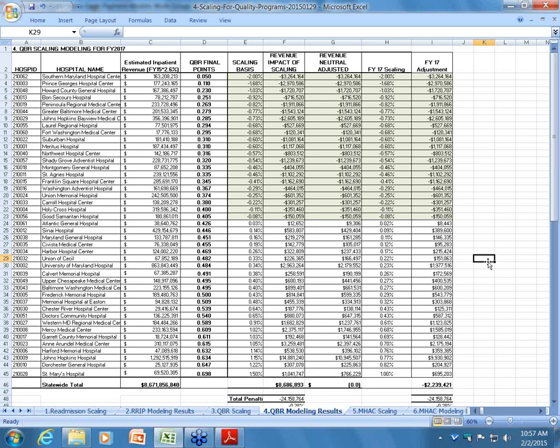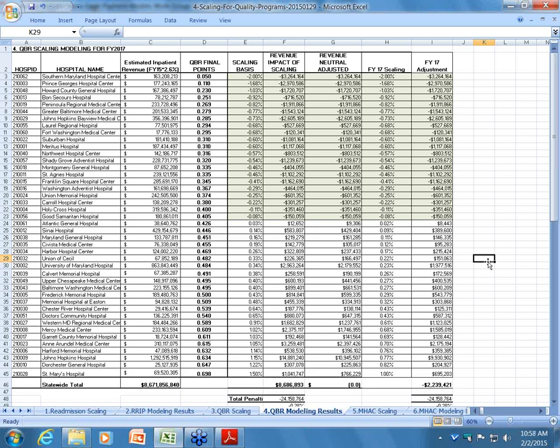What we are proposing is that instead of doing a revenue neutral adjustment, we link the penalties to the points. And here it's the same because I didn't make an assumption on what the QBR scores are going to be next year. Depending on what the scores are, the rewards and penalties will be fixed, and we'll see what the total amount is.